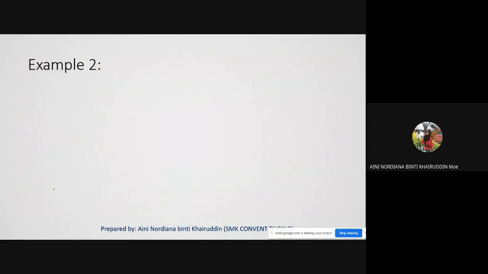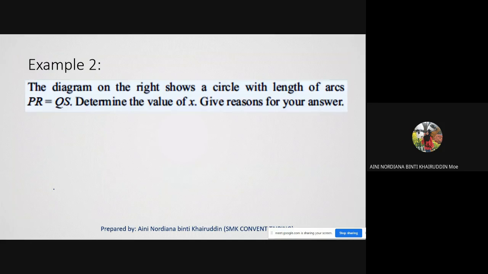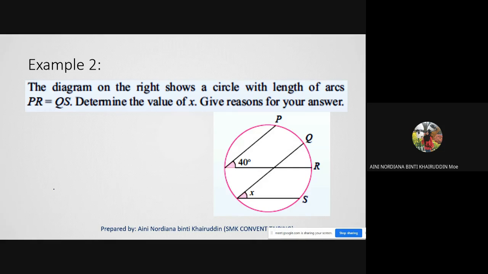Okay. So have a look at this example. The diagram on the right shows a circle with length of arc PQ equals to QS. Okay, given PR equals to QS. PR, this is PR, and this is QS. Both have the same length.